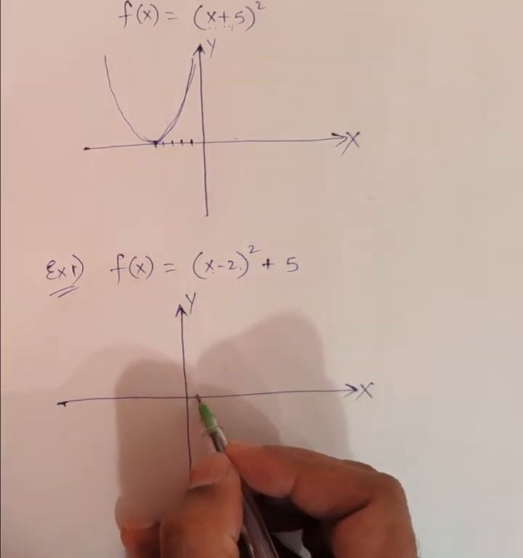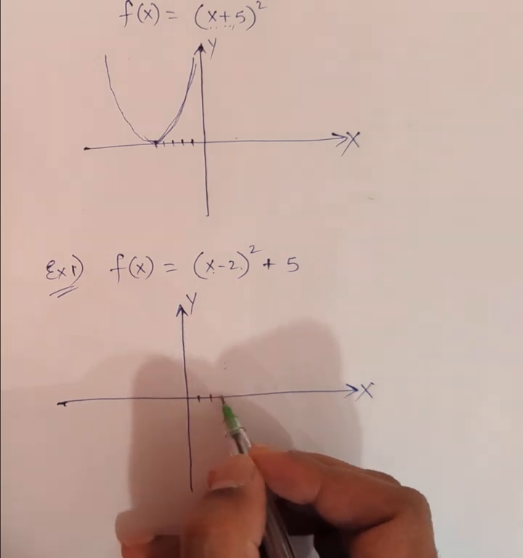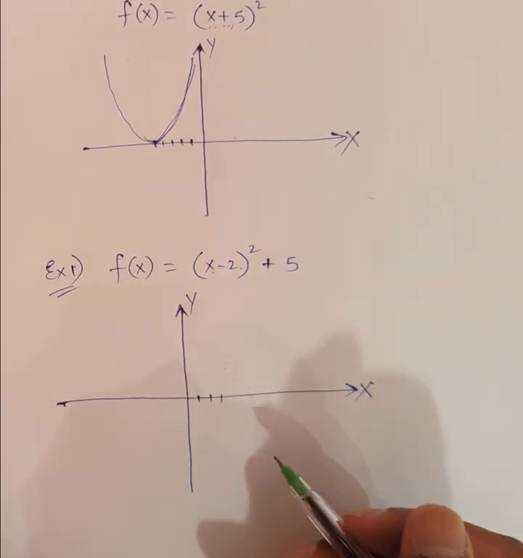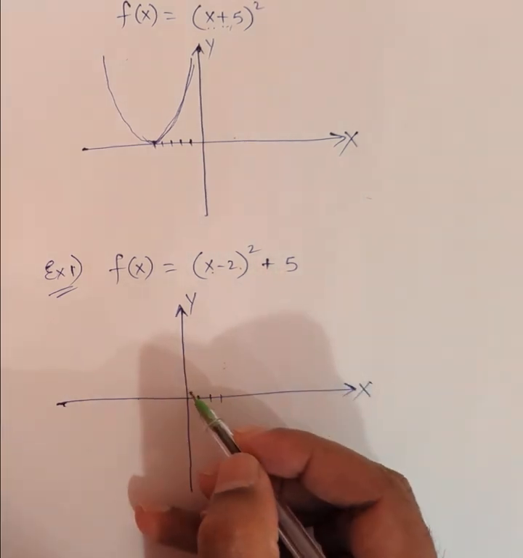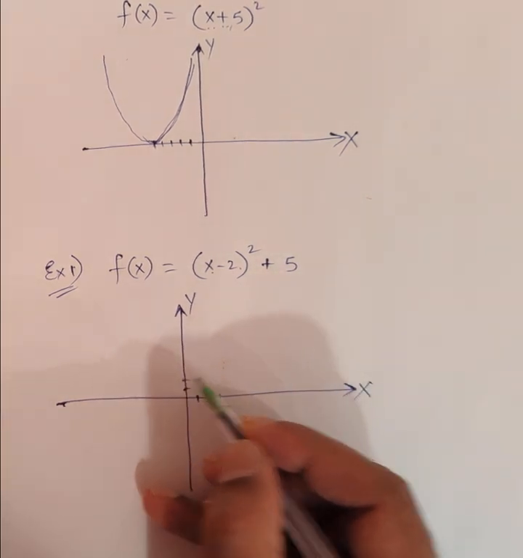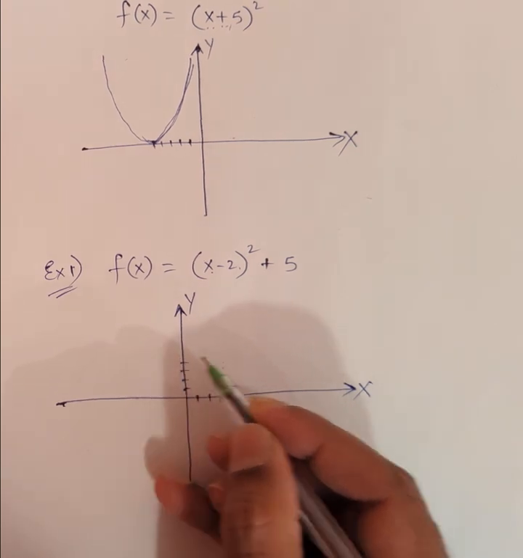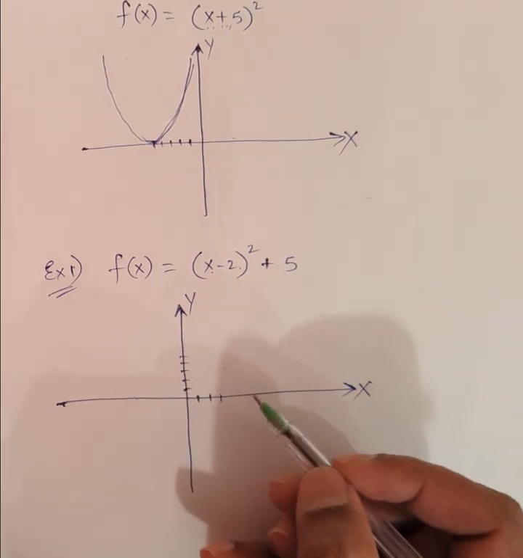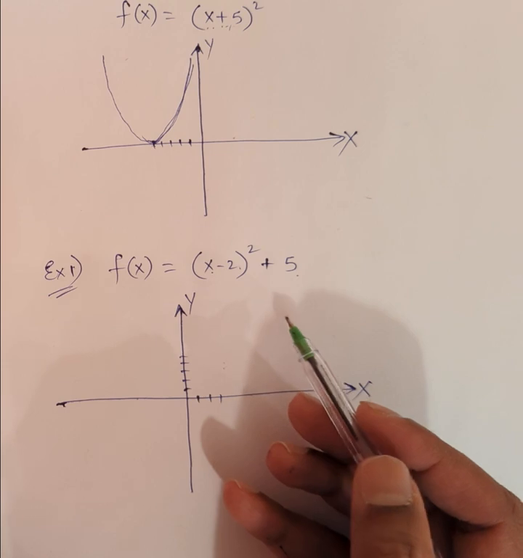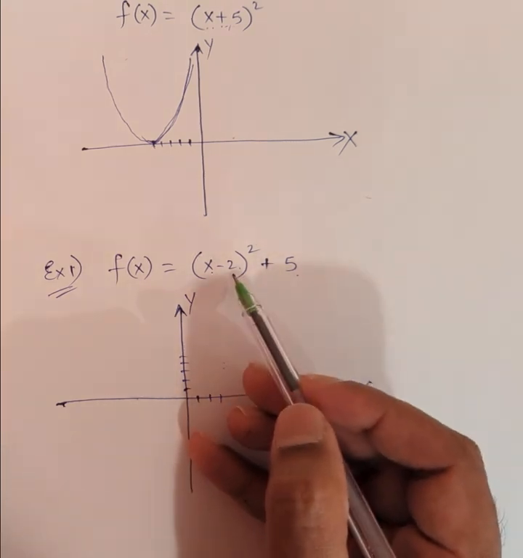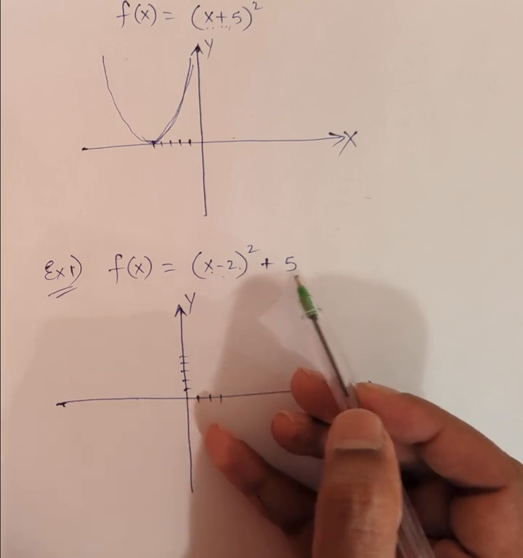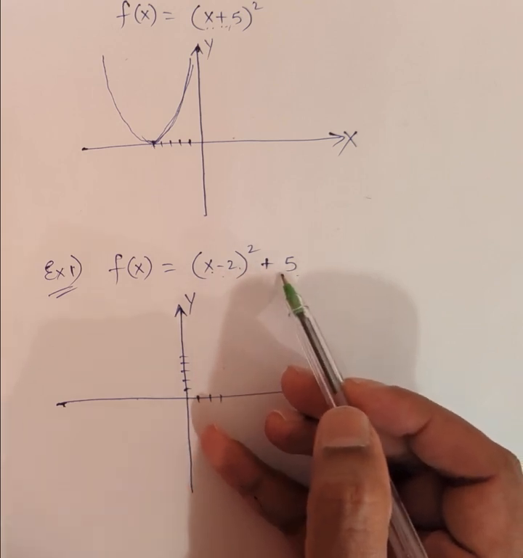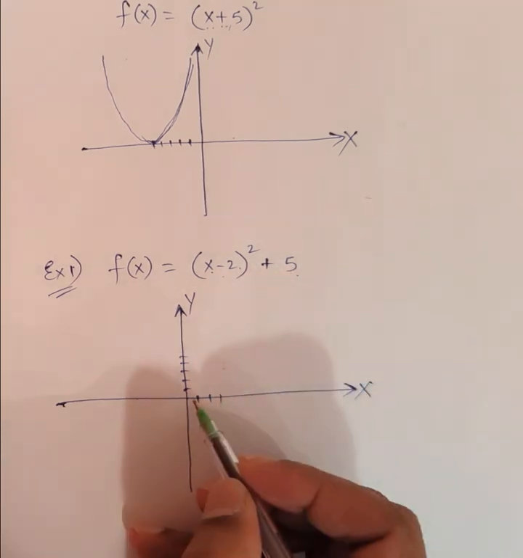So that would cause it to shift right 2 units. And also, we are adding a 5 at the very end. So that's going to cause an upward shift of 5 units. So this is a horizontal shift of 2 to the right, and this is a vertical shift upwards 5 units.